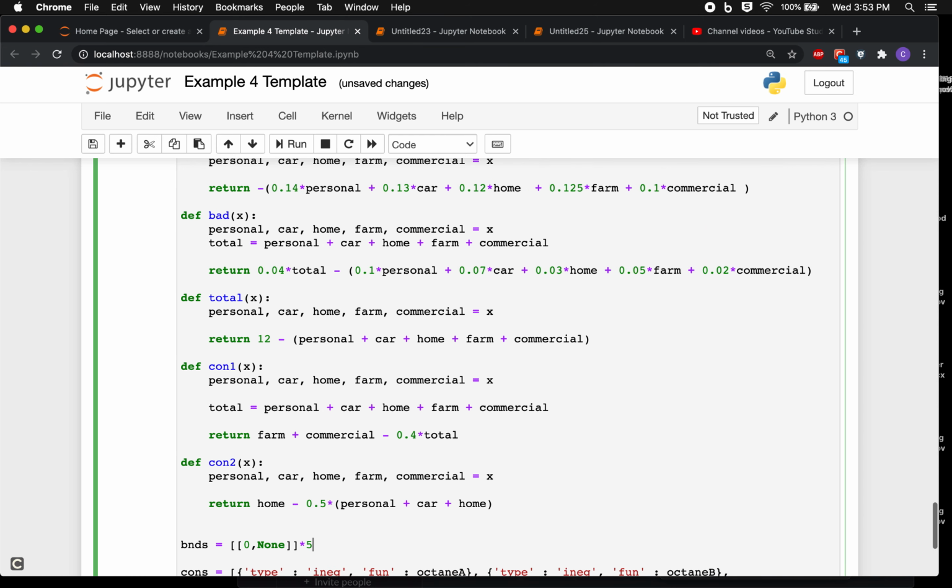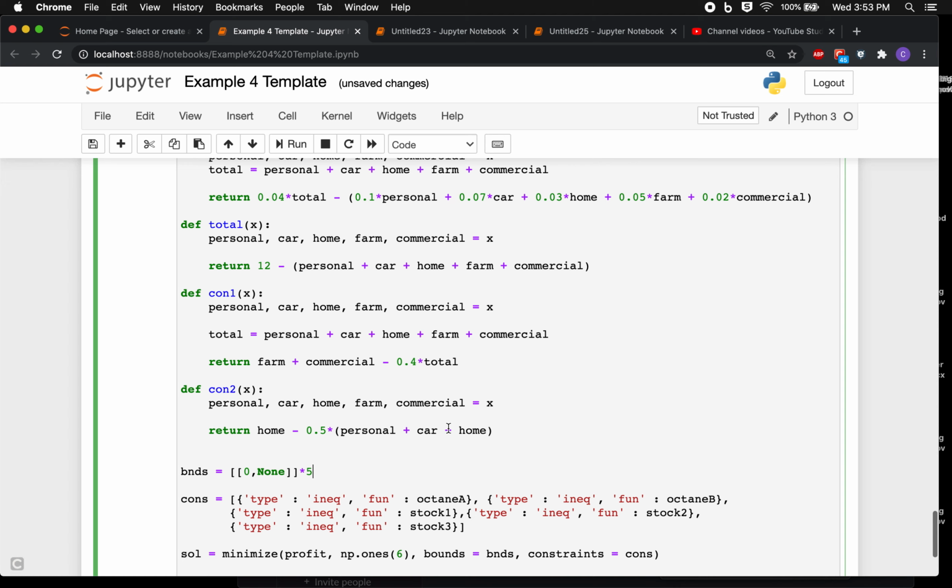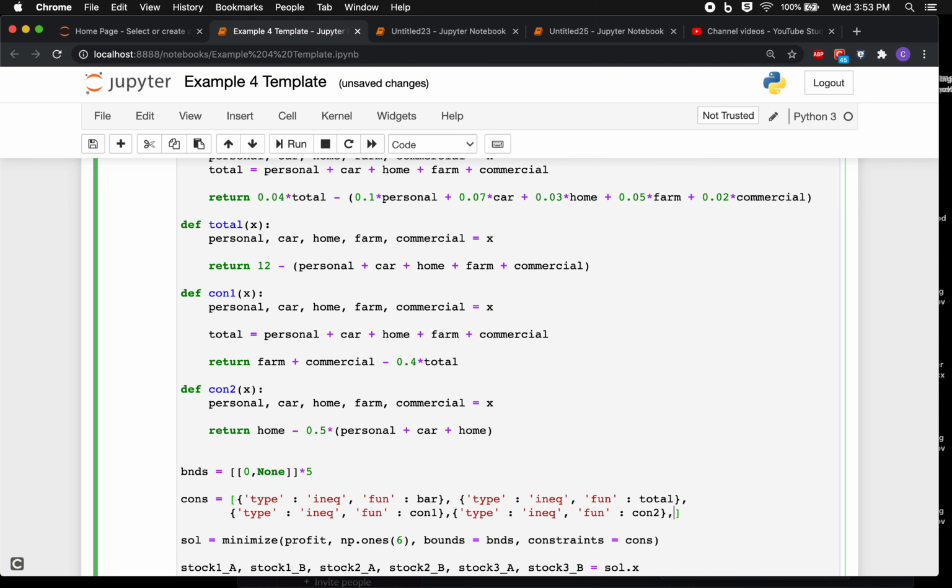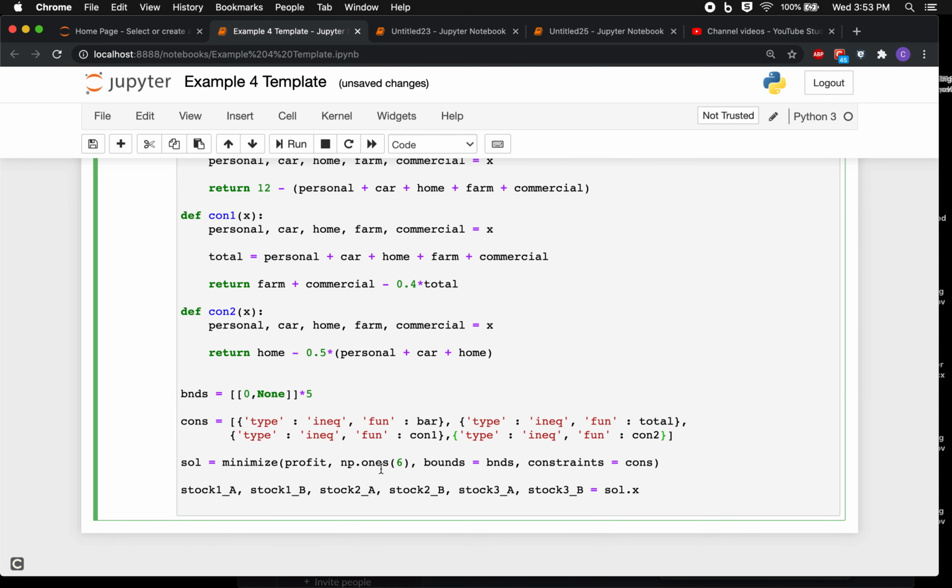And then my constraints: my first one is bad, my second one is total, my third one is what I'm calling con1, and then my fourth one is con2. And then I get rid of this. And then I have 5 initial guesses. And let me just clear this out right here.